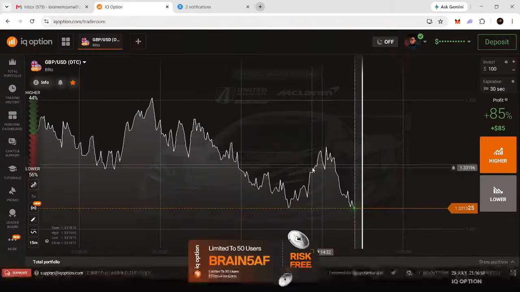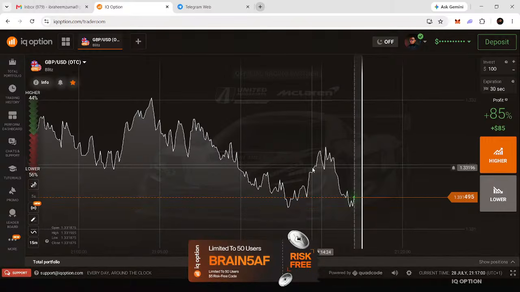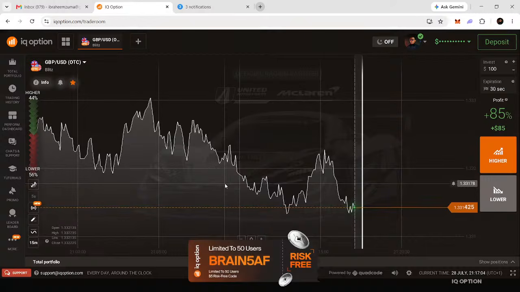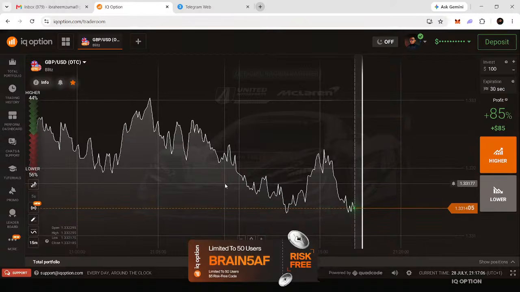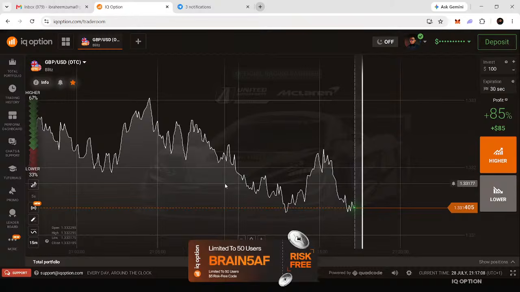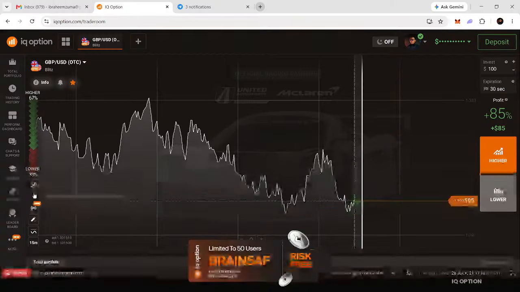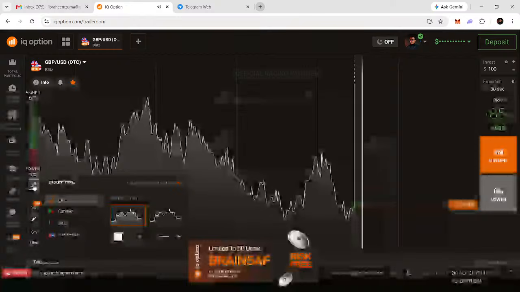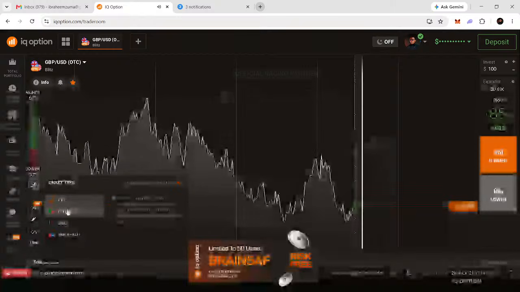Now what we're gonna do is change from this trend line to candlestick so that we can understand what is actually going on and what the price is actually doing. You should come here to chart type, click here, and then here you can see candles. Click candlestick.